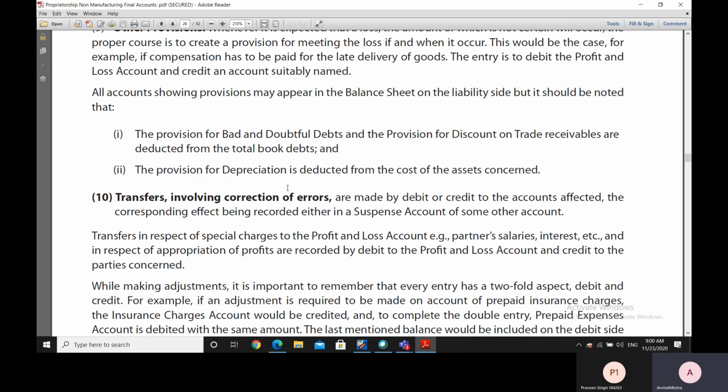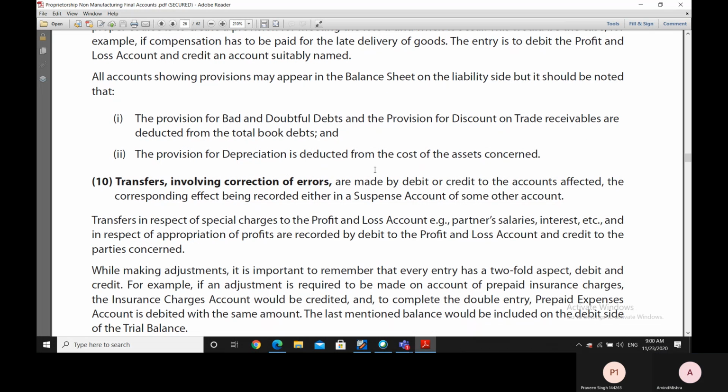Now let us go to the next adjustment, which is called transfers, involving correction of errors. This adjustment is made by debit or credit of the accounts affected, because we may be doing some error correction. Whatever accounts are affected by those errors, we will debit or credit them, and the corresponding effect we will record either in the suspense account or some other account, if we know in which account the effect is going to be.